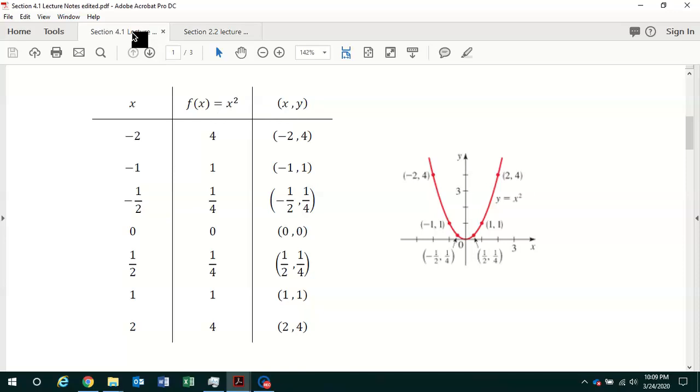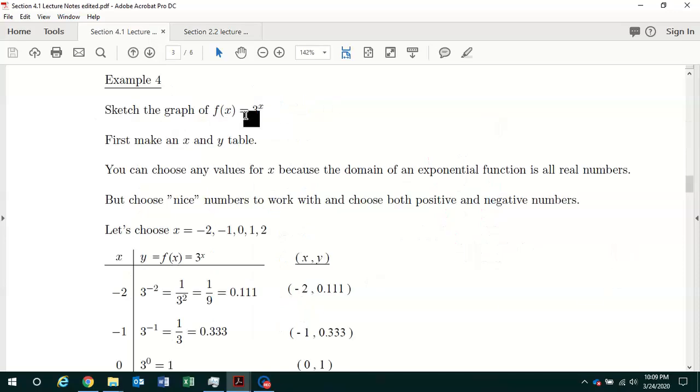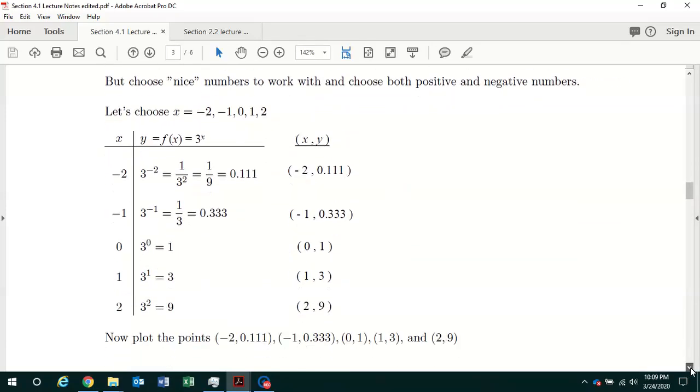And so that's what we're going to do now in graphing the exponential function f of x equals 3 to the x. So down below here, I have my table of values. My values of x are -2, -1, 0, 1, and 2.